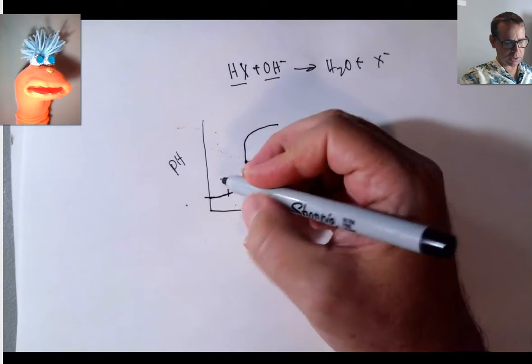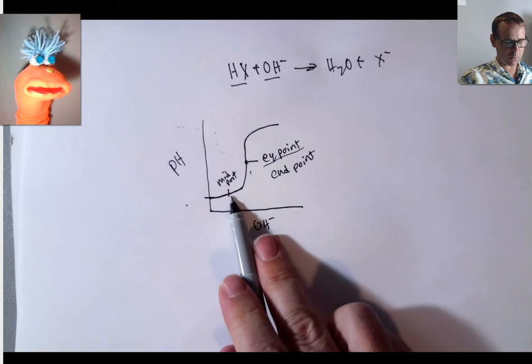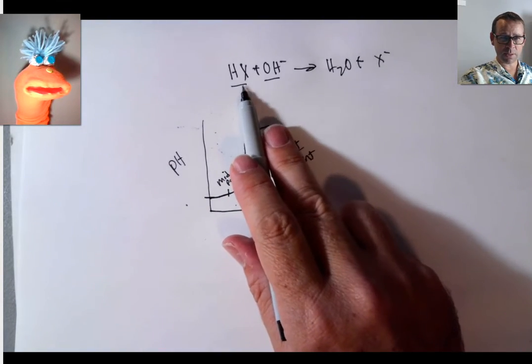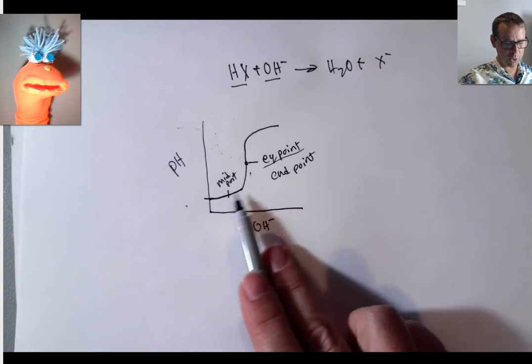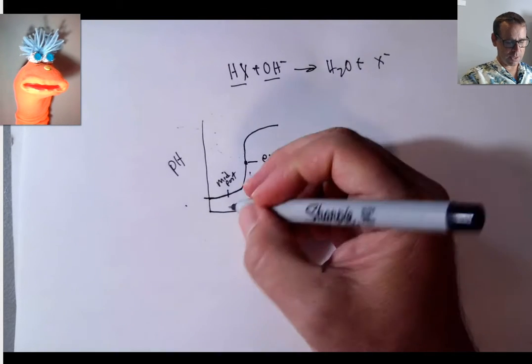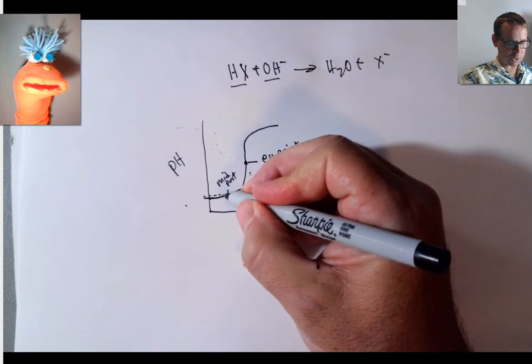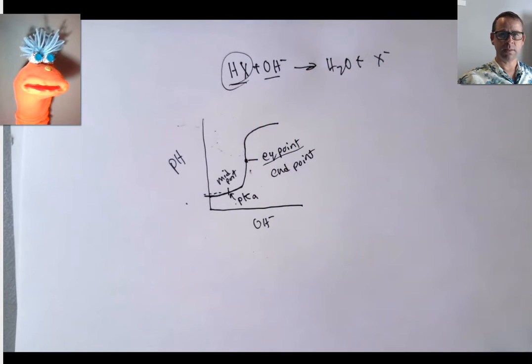This here is kind of called the midpoint, right? And at that point, halfway through, you haven't consumed all of your acid, but you have consumed half of it, right? So that point right there, the pH at that point is the pKa for this acid, the pKa for that acid.